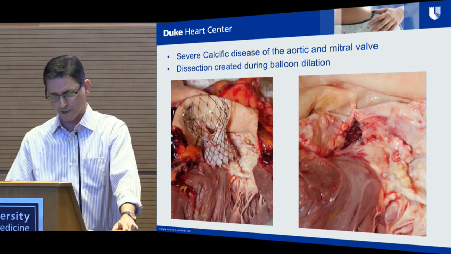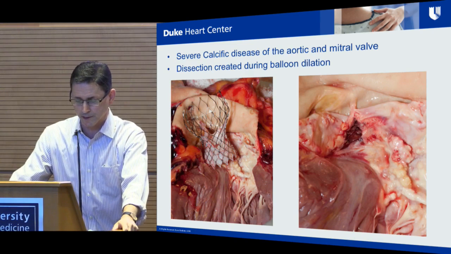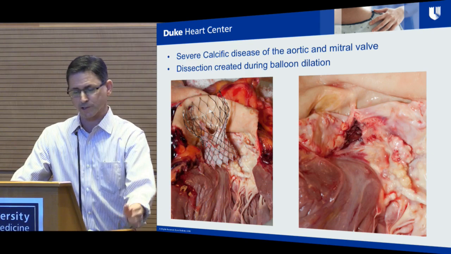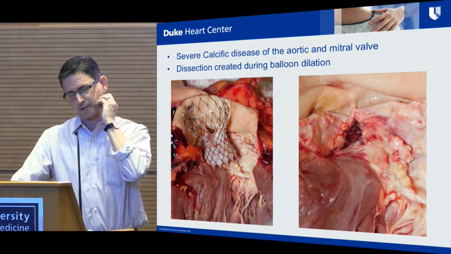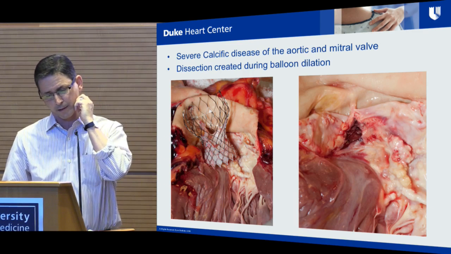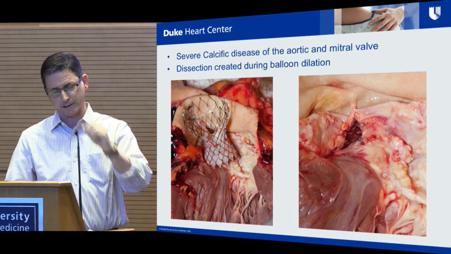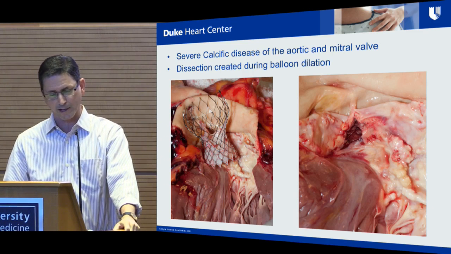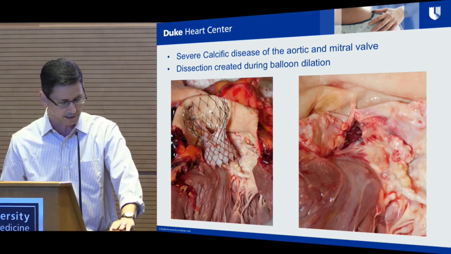Another example of the mitral messing up its neighbor. This was a patient that died shortly after, was found to have hemothorax and hemomediastinum. Everything looked kind of good initially on the left, but you can see again that the anterior leaflet of the mitral has this nodular calcification on it.